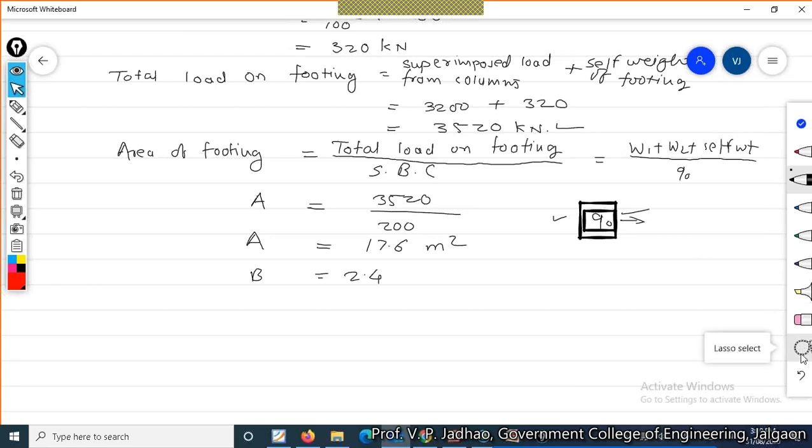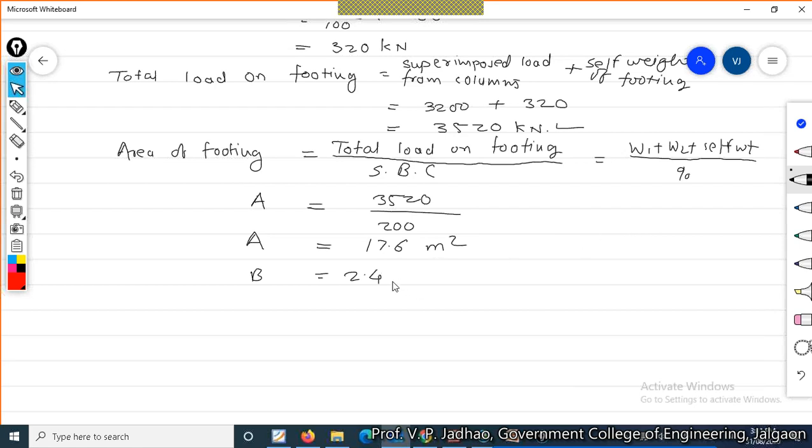You have to keep in mind that only for solving this problem you have been directly given the value of Q0. But when you design any footing from a practical point of view, as an engineer, you will have to get this value by doing some tests.